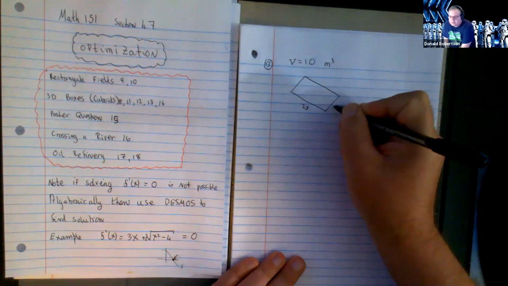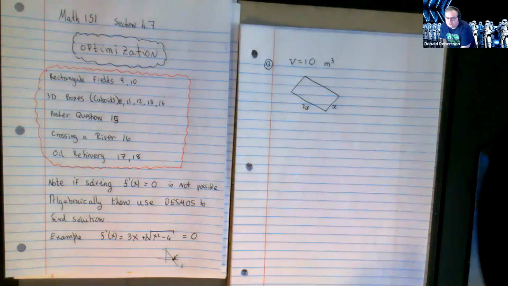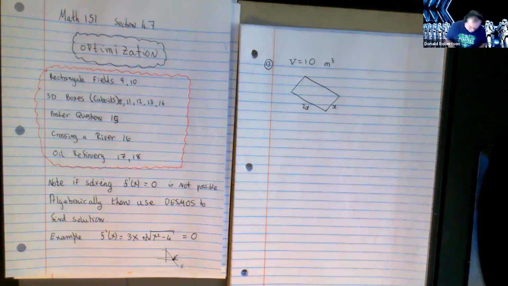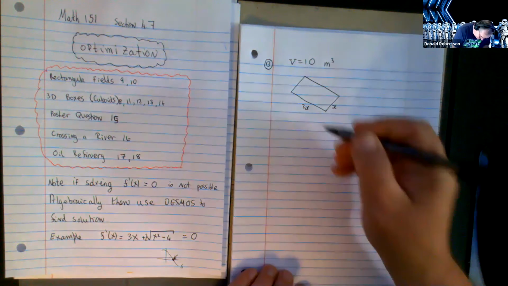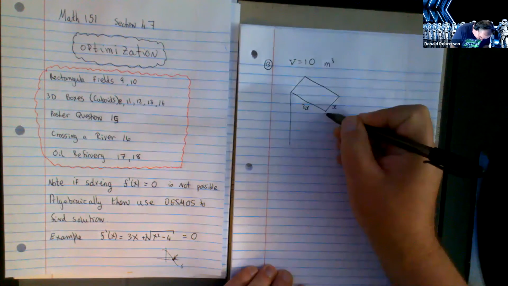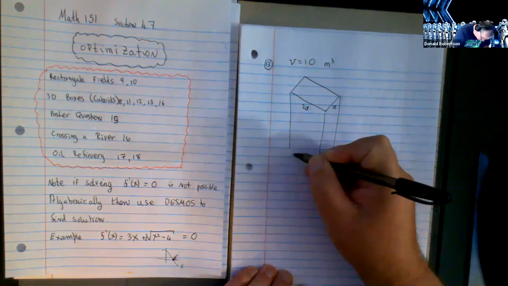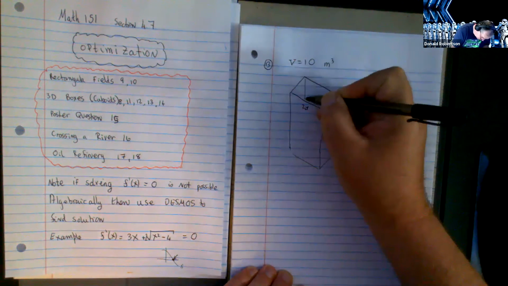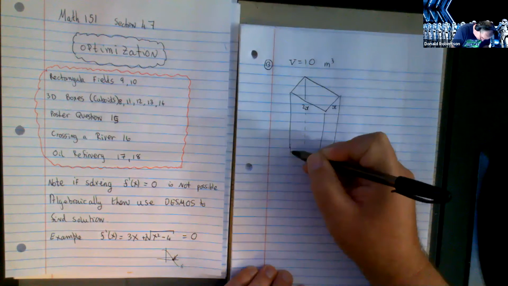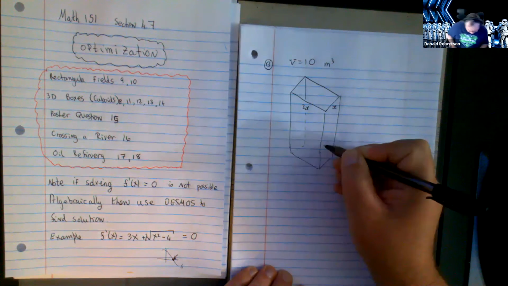You see how I did the length of the base is twice its width by using x and 2x? And this box looks kind of like a box you'd have cereal in, is also open top. So it looks something like that.